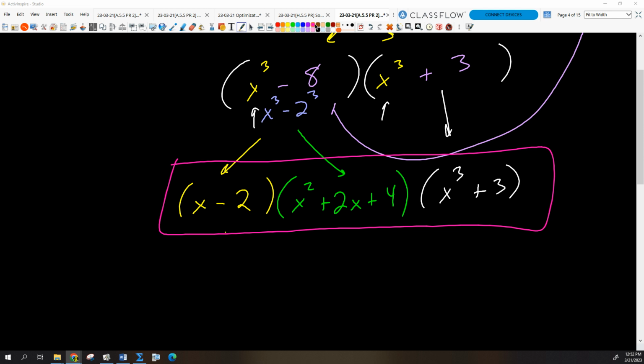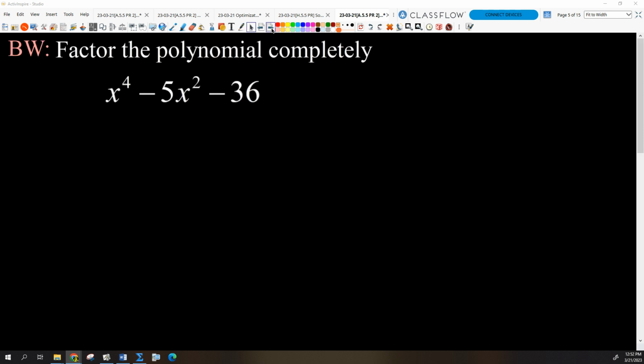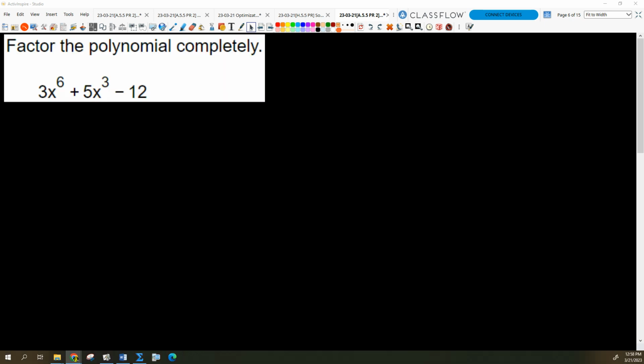Okay? All right, take a pause here, and let's try a little board work. Try that one. Okay, first of all, can we make that look quadratic?